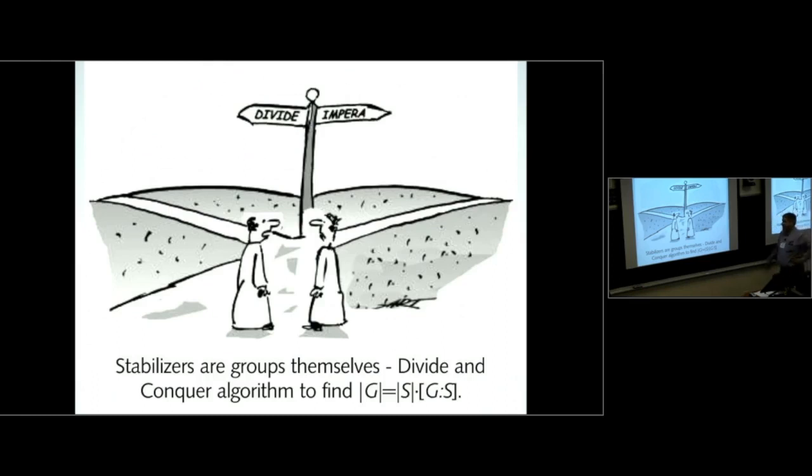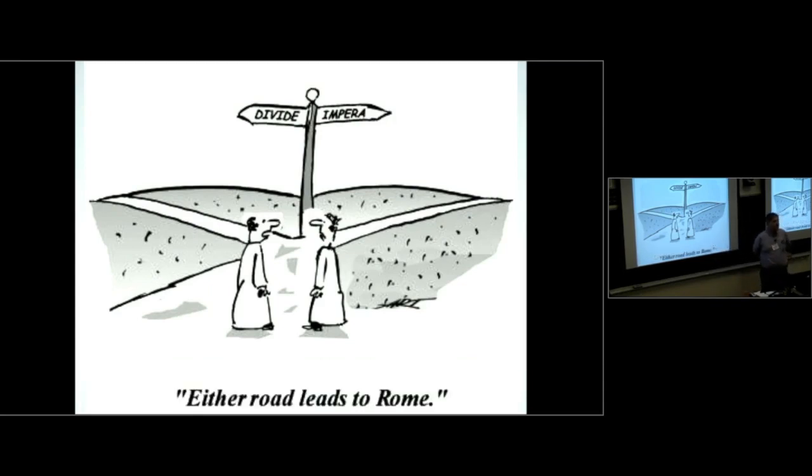So that gives us the idea for a divide and conquer algorithm. If the stabilizers are groups themselves, so if we are interested, for example, in how large a group given by generators is, we calculate a stabilizer and calculate the order of the stabilizer recursively. The order of the group is the order of the stabilizer times the index of the stabilizer, which is the length of the orbit.